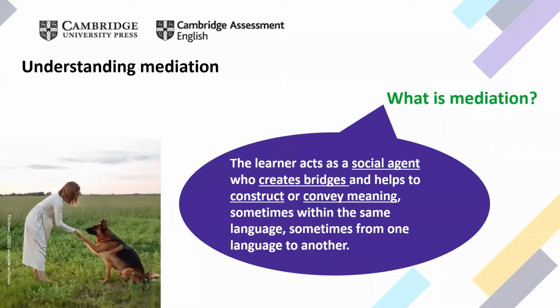So contribute to this communication, constructing meaning, creating meaning, or just conveying this meaning. Yeah, so that difference between creating bridges and then constructing and conveying meaning. So somebody who's going to be explaining, facilitating the understanding of messages, texts, ideas, concepts, using strategies such as paraphrasing or reformulating, but also perhaps developing an idea within that as well.